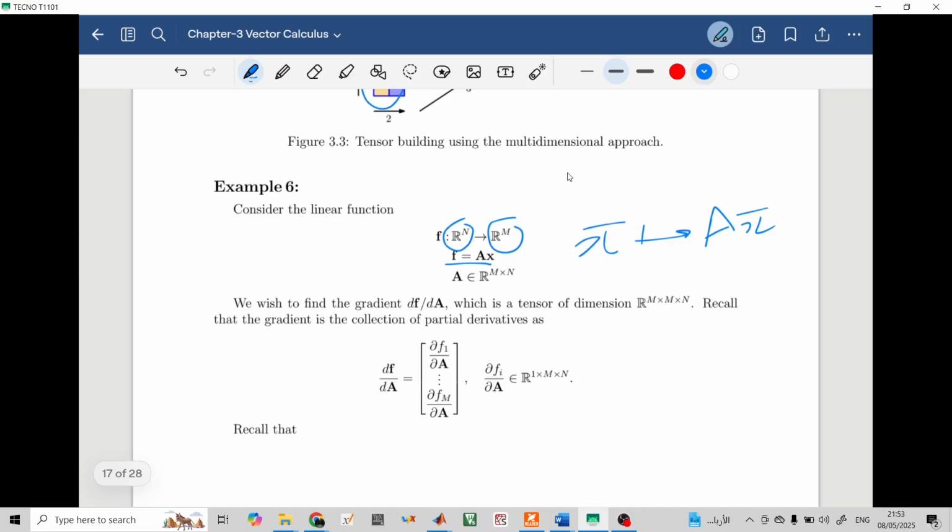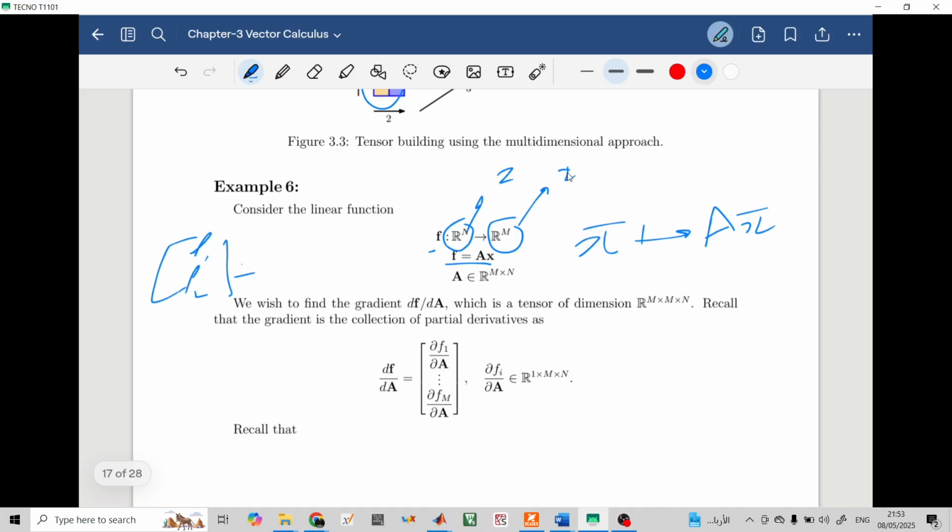Now we want to take the derivative of f. Remember, f is a vector-valued function, so every element of f is a function of x. Let's take the simple case where n equals 2 and m is equal to 2 as well, just for simplification. So here we have 2 elements, f1 and f2.